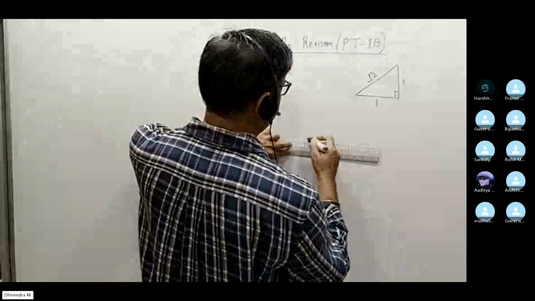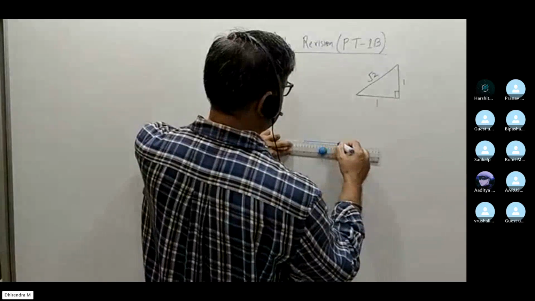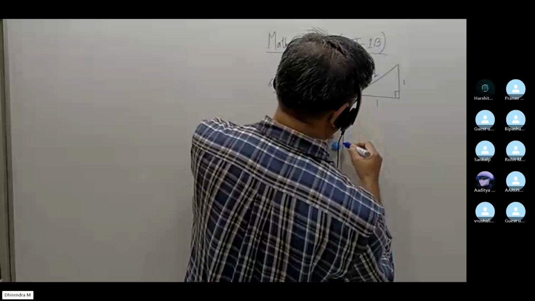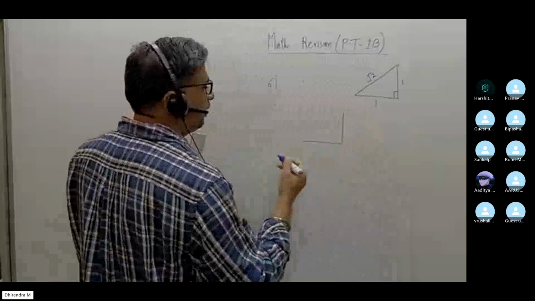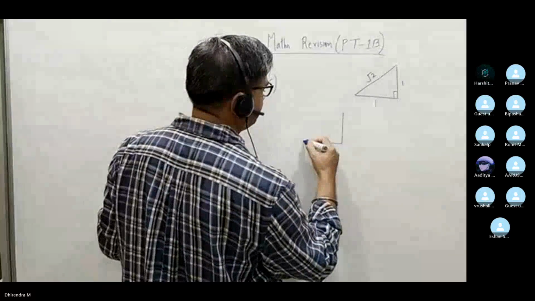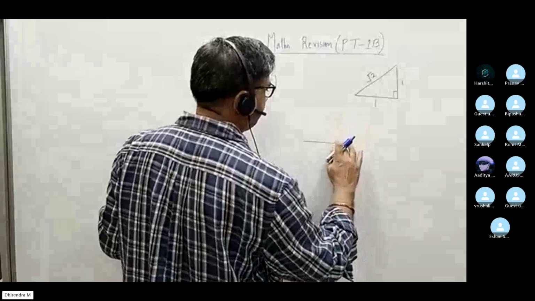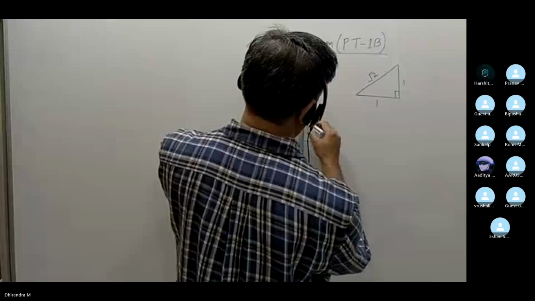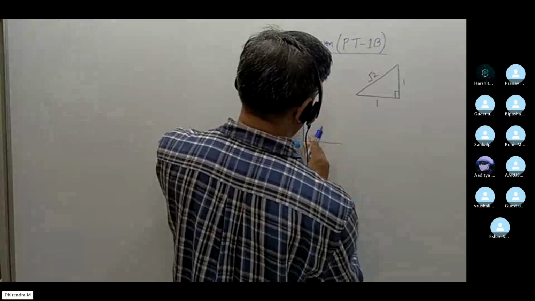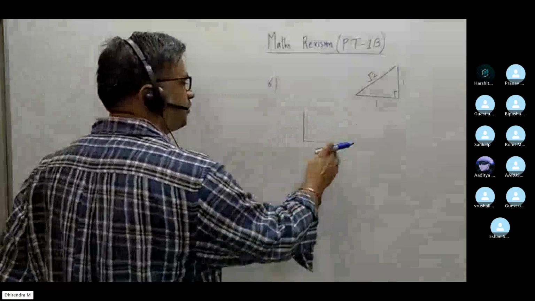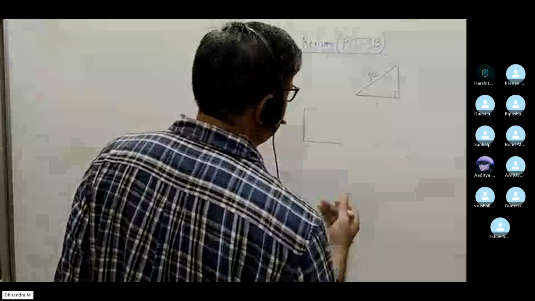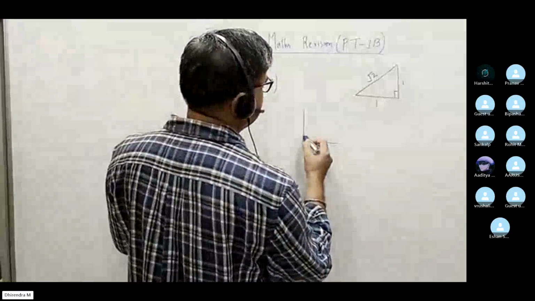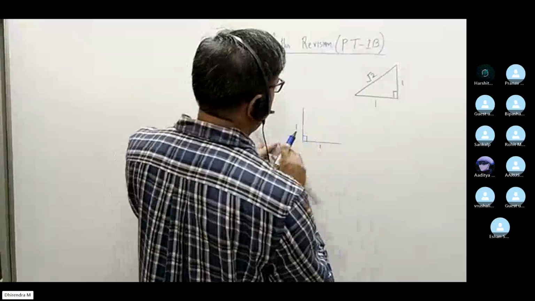Overall, this is 1, and this is 1. Measure to scale: 1 centimeter will be very small, so probably define 10 centimeters as 1 unit, or 5 centimeters as 1 unit.